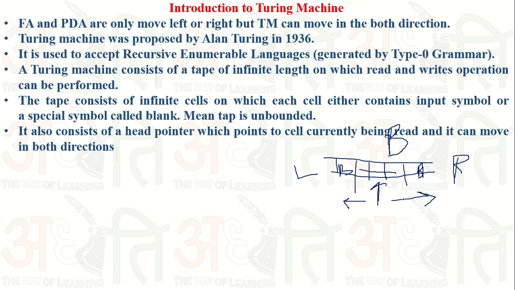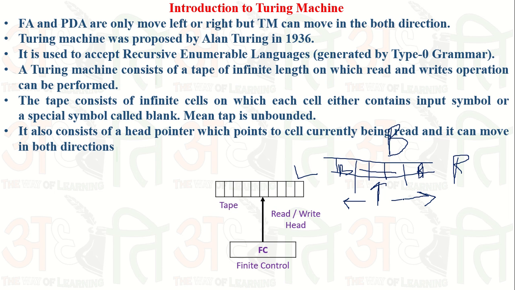Now here is a graphical representation of the same. It is a tape which is unbounded, it doesn't have any boundary, and in between it contains the input string which we are going to test. At both the left end and the right end, it contains the blank symbol B, which represents that the tape beyond this symbol will be empty.